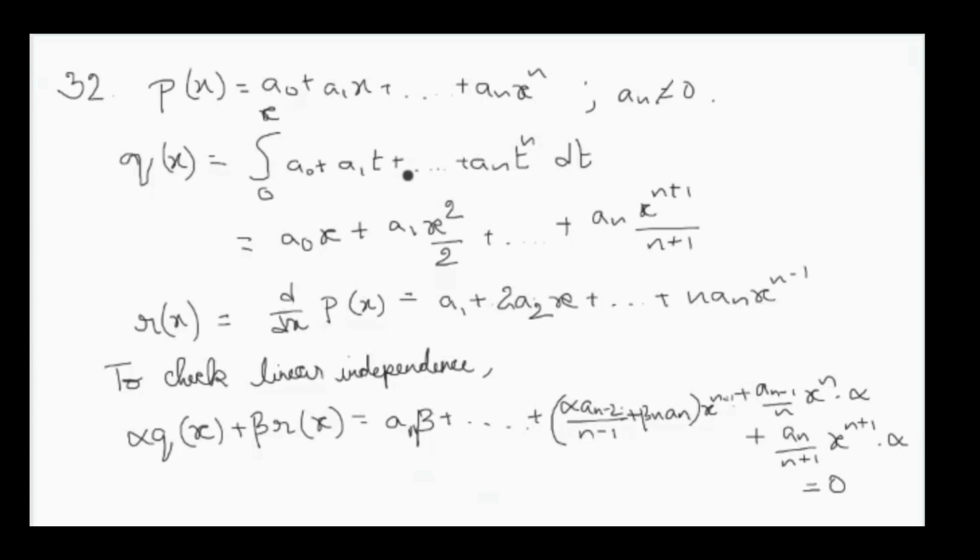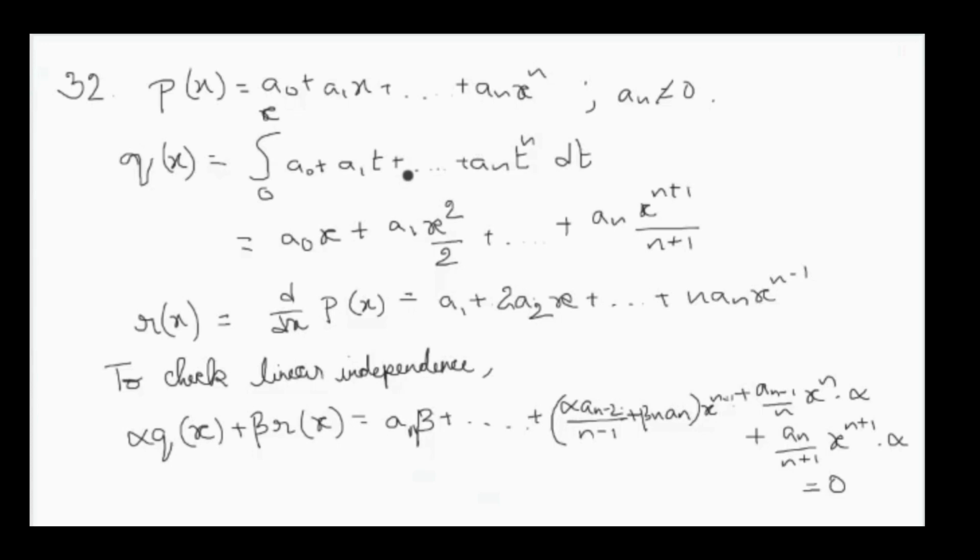And in order to check linear independence, we solve alpha q(x) plus beta r(x) equal to 0. If this implies alpha equal to 0 and beta equal to 0, then Q and R are linearly independent, else they are not.